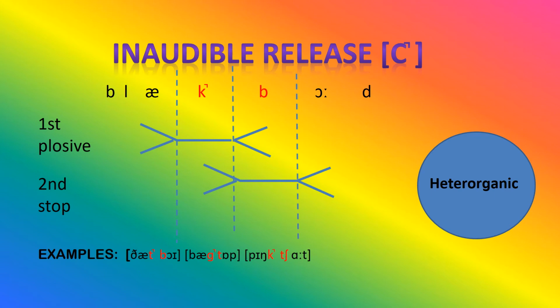The third stage of the plosive, that is the release stage, is not heard because by the moment we should release the air, we are already preparing the organs of speech for the production of the following stop. So the air is not released. If the sounds are heterorganic, we change the position of the articulators.